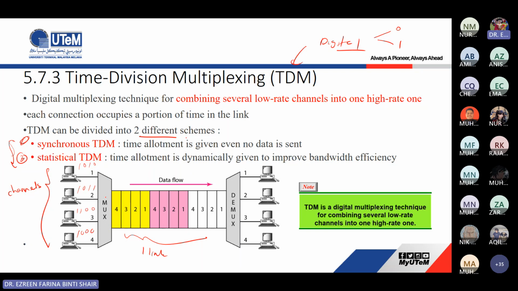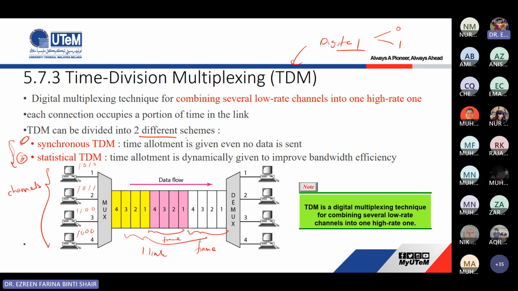So what happens in time division multiplexing is, how it multiplexes this data is actually: this is a link, and this we call the frame. This is frame 1, frame 2, and frame 3.